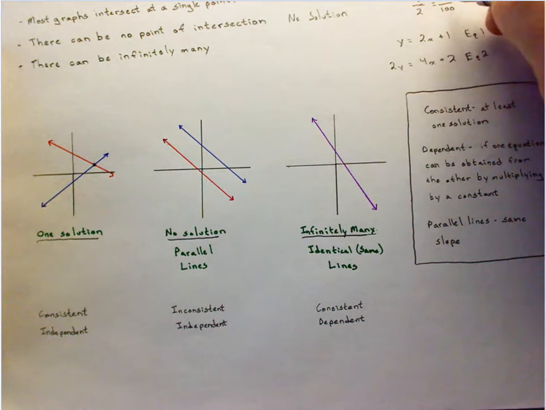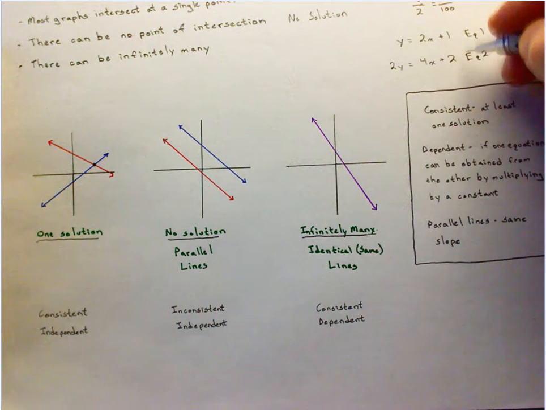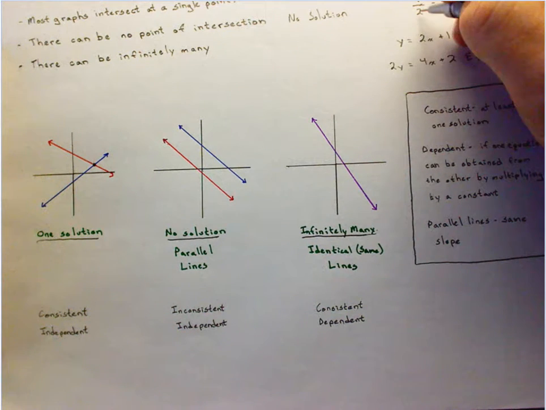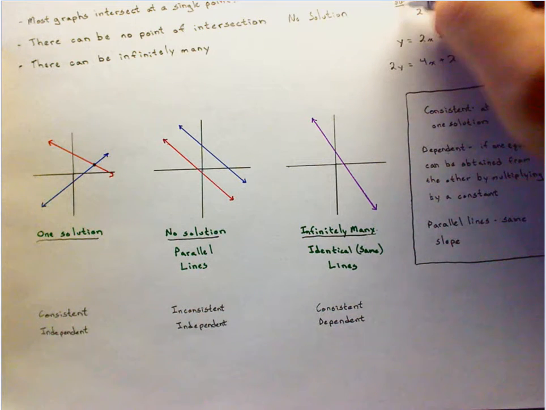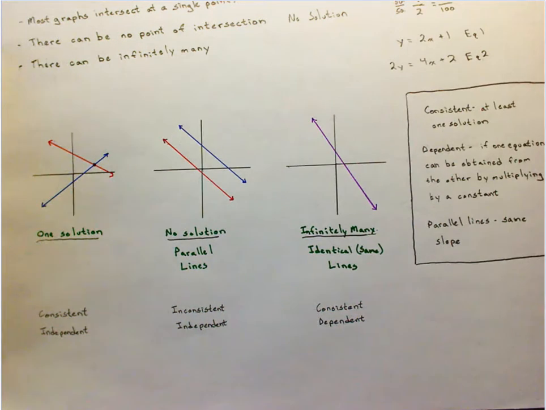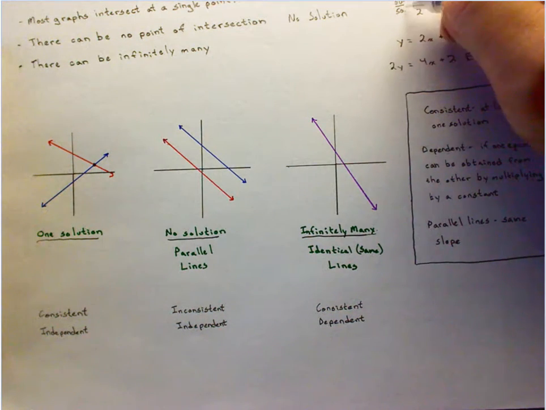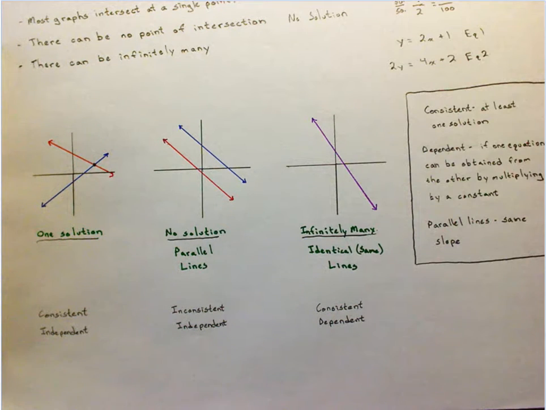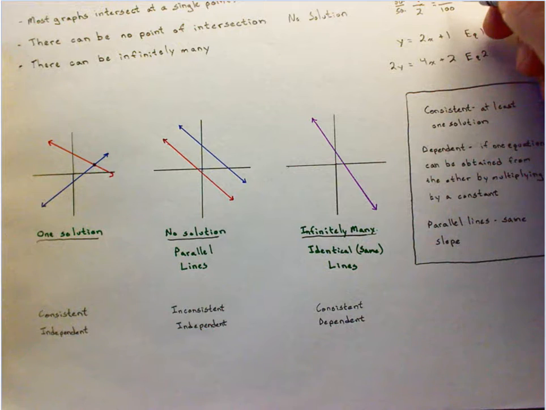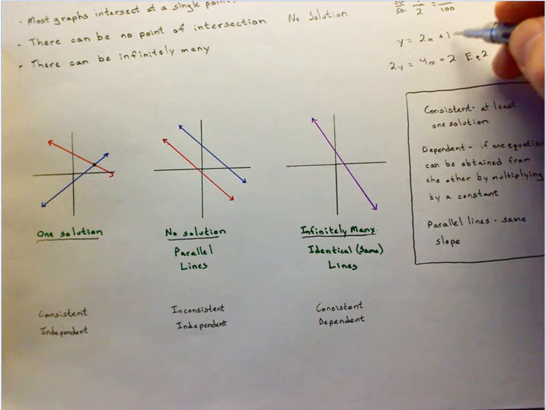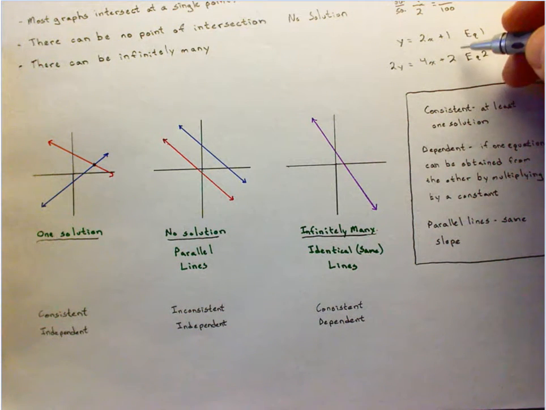Both of them mean 1/2. It's the same with this. I have taken 1/2 and multiplied it, numerator and denominator, by 50. They are still the same value. If I worked it out as a decimal, these two equations are still the same equation. They are dependent.